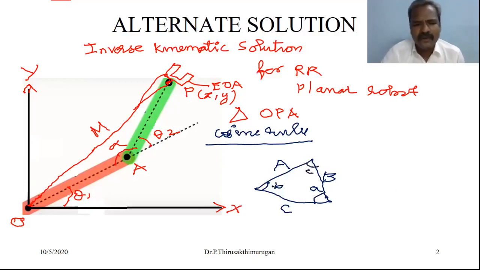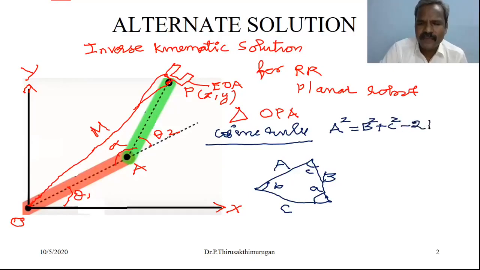So if you consider A, B, C as sides of the triangle, and small a, small b, small c as the angles, then side A square equal to B square plus C square minus 2BC cos a, where a is the opposite angle of the side.